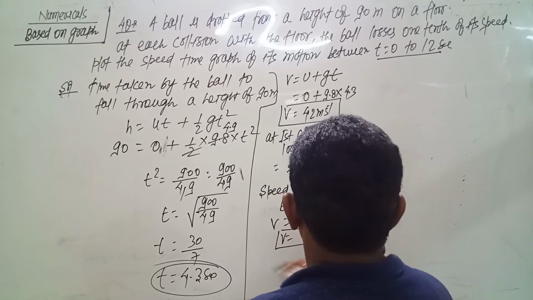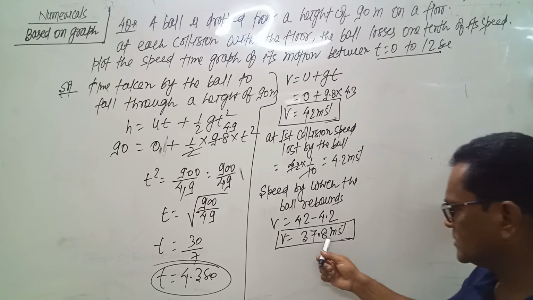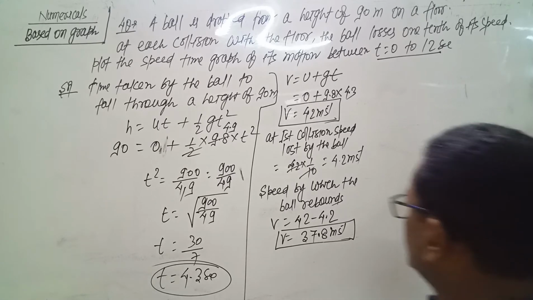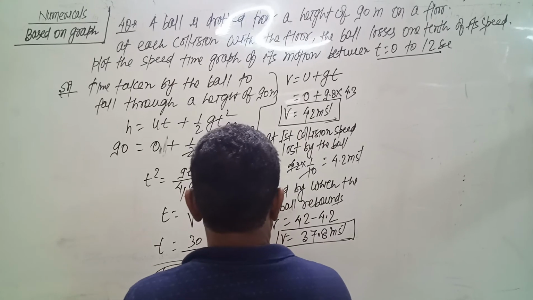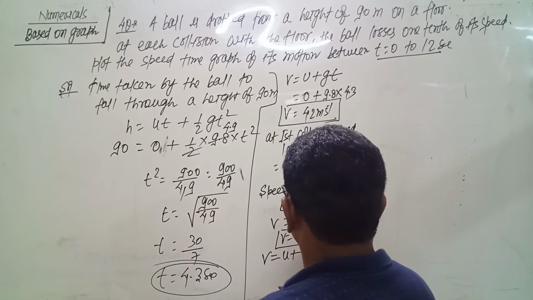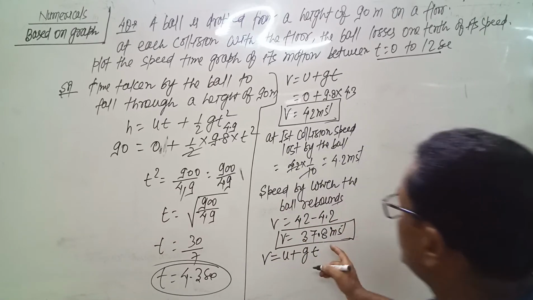For upward motion, the speed of the ball will be 37.8 meters per second. Now, during the upward motion, to find the time taken, we use the formula v equals u plus gt.